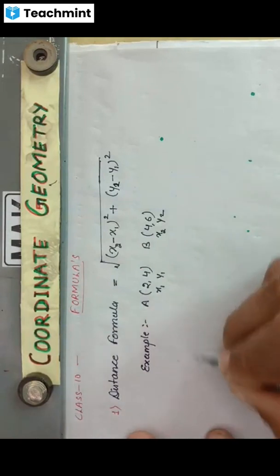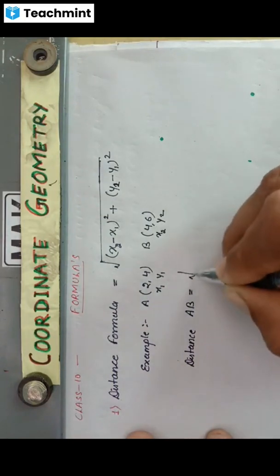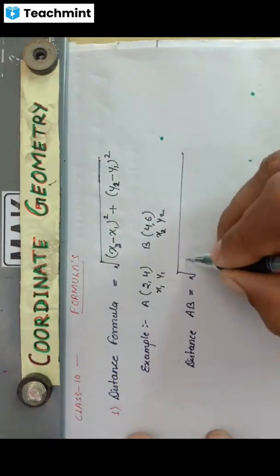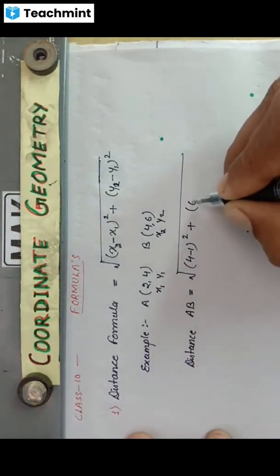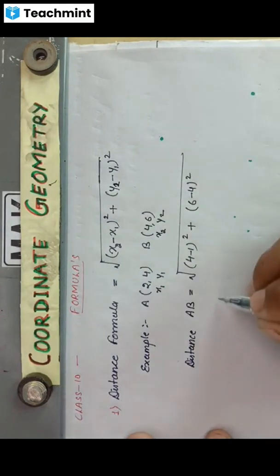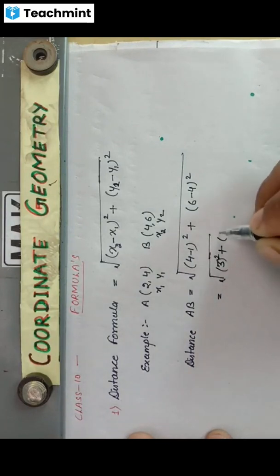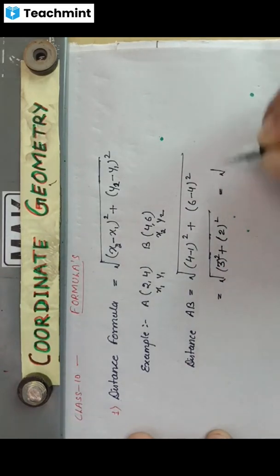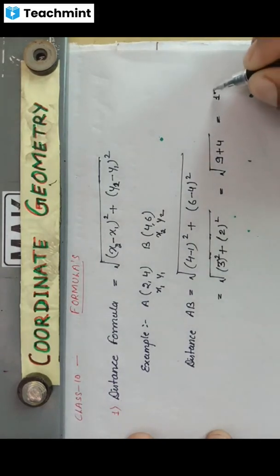In this case, the distance of AB is, using the formula, the square root of (4 minus 2) whole square plus (6 minus 4) whole square. So you will get 3 whole square plus 2 whole square, which will be the square root of 9 plus 4, that is the square root of 13.